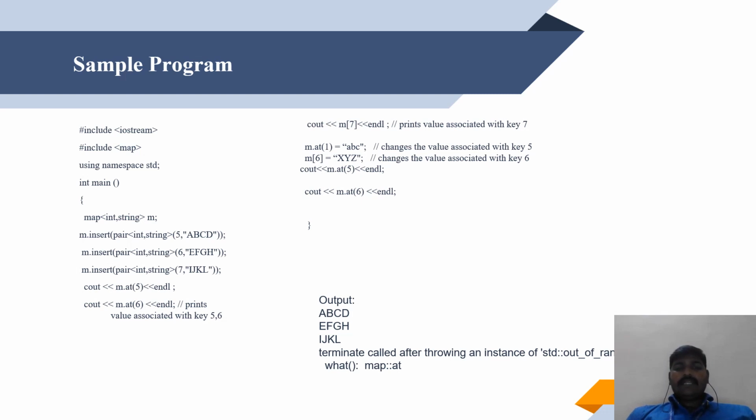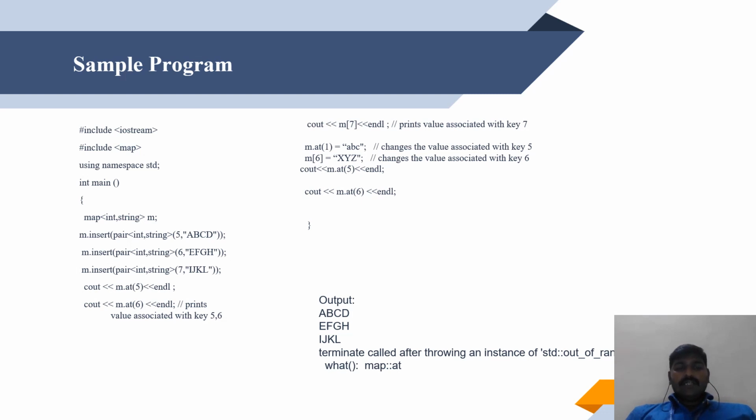Okay, m dot insert, say for example we just want to insert an element. I have created an object, right? So with that object we can access the map. M dot insert of pair int comma string, that is, I'm giving the value 5 and abcd. This is one, and I've given 3 more examples. Okay, and if you want to print it, we can just print it.